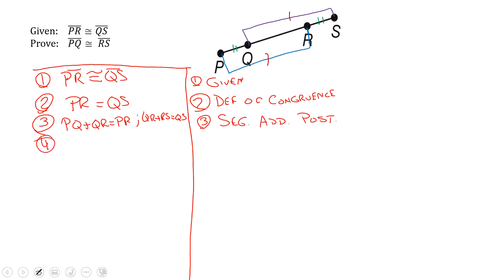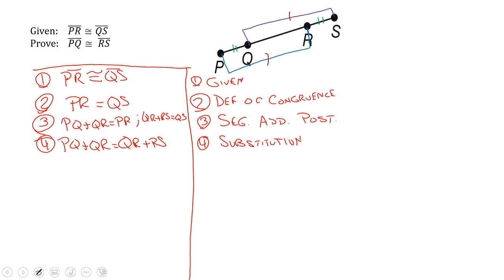What I can look at and see now is I can kind of get rid of PR and QS. So I'm left with PQ plus QR equals QR plus RS. And this is substitution. So we substituted PQ for RS, or all that, the segment addition parts for the things.